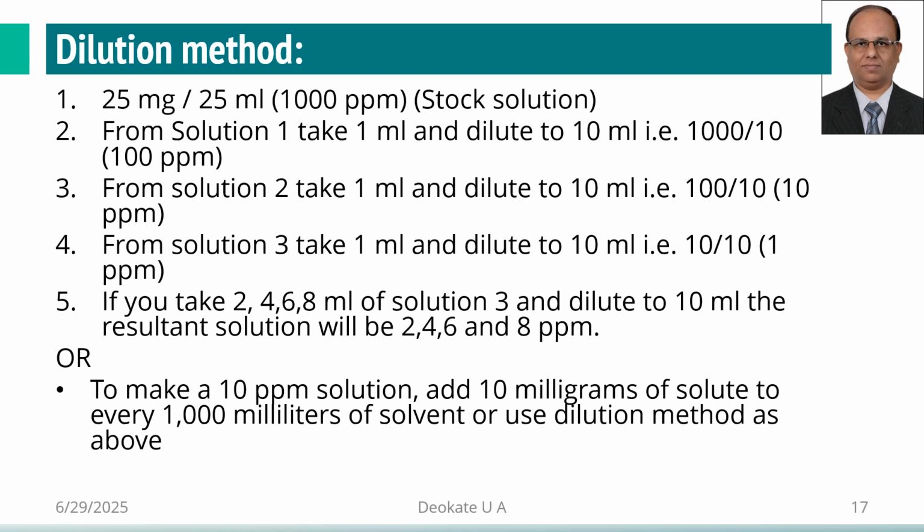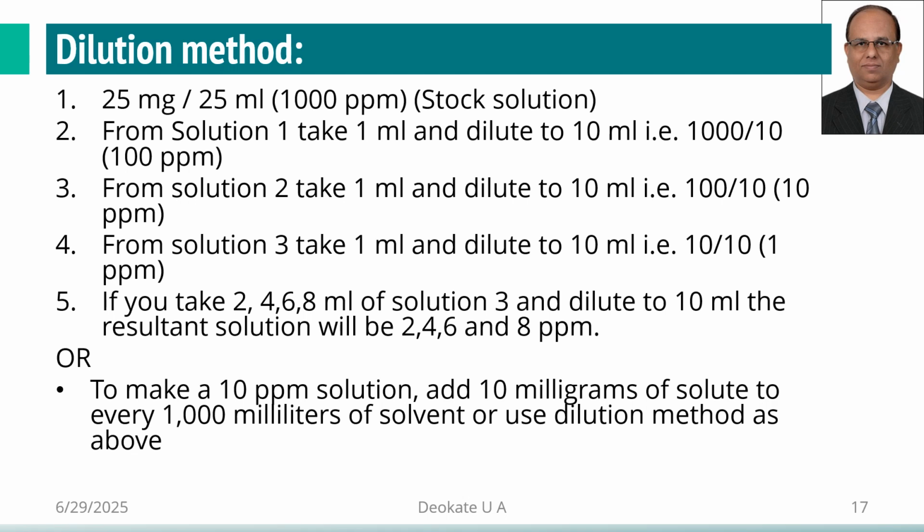Okay, so why am I saying 25 milligrams? If you take 10 milligrams and dilute to 10 ml, the chance of error will be more, because exactly weighing 10 milligrams is not possible. Whatever minimum quantity you weigh, that much error will be incorporated, and that will be multiplied in every determination.